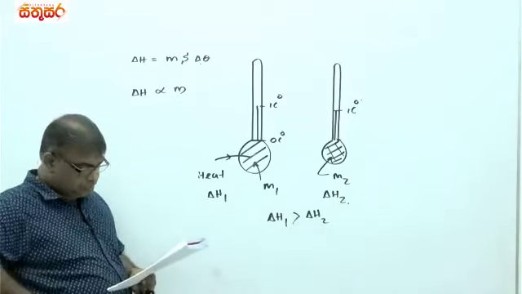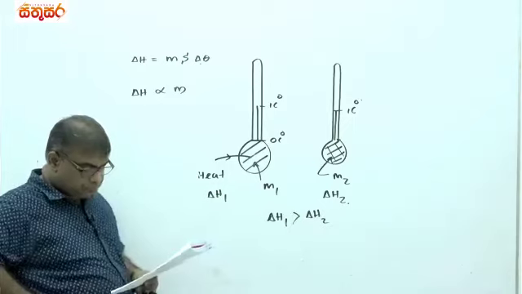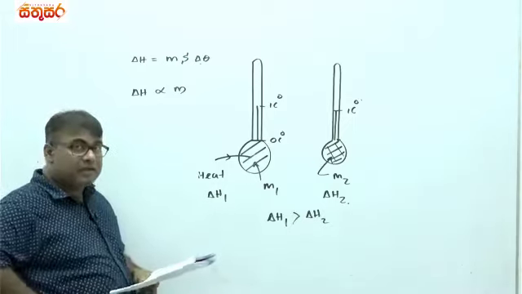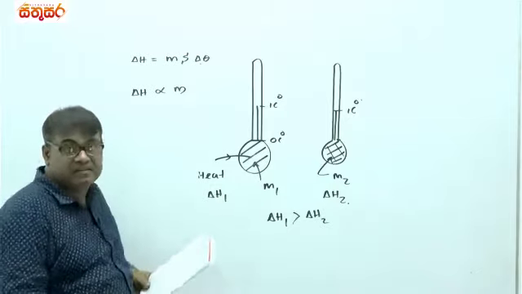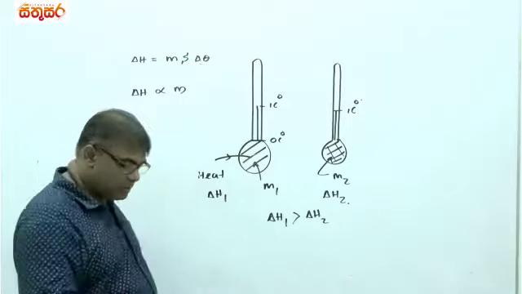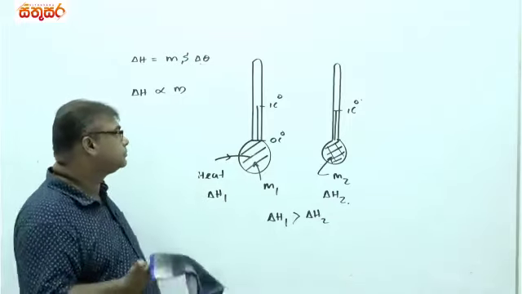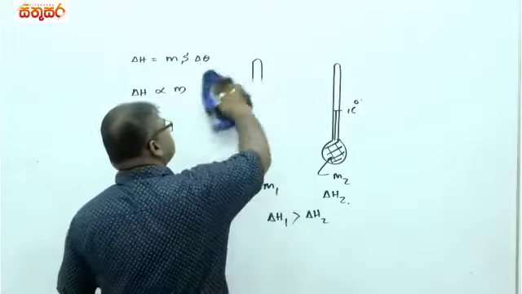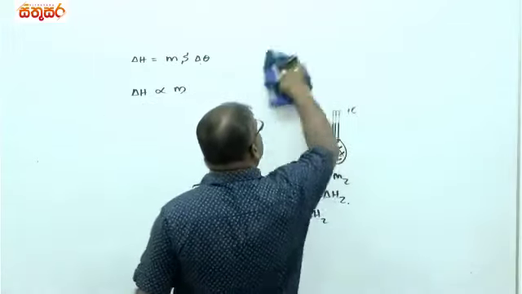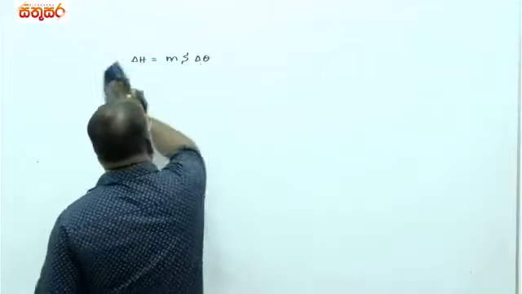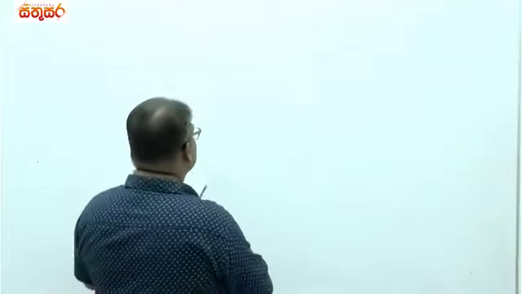Then the amount of heat at the surrounding decreases. Therefore, the accuracy of the thermometer decreases.